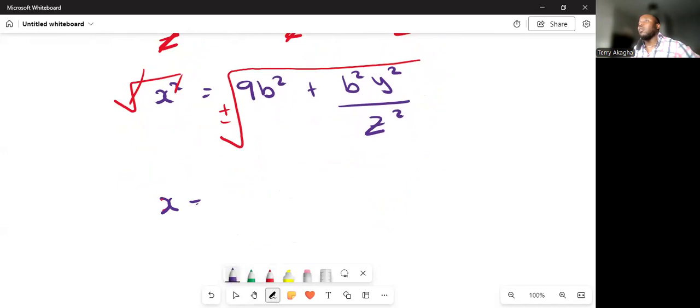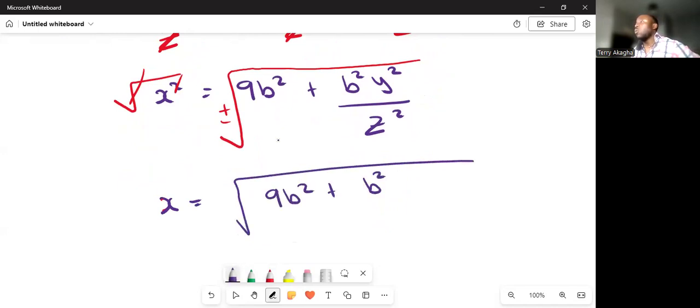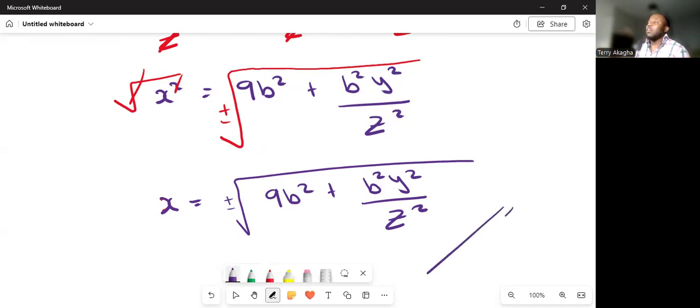X now is going to be equal to the square root of 9b squared plus b squared y squared over z squared. So to be very, very correct, you can add plus or minus here. But in this case, you can ignore it, but it's fine. And that is the answer for that. Okay. So we're done with that.